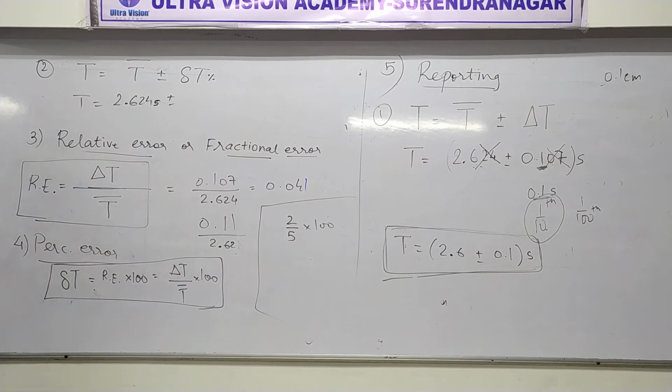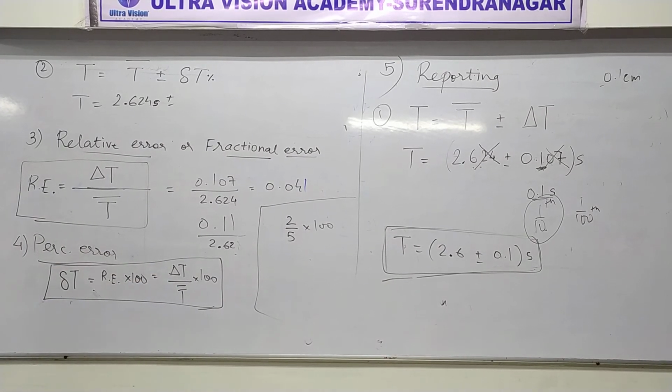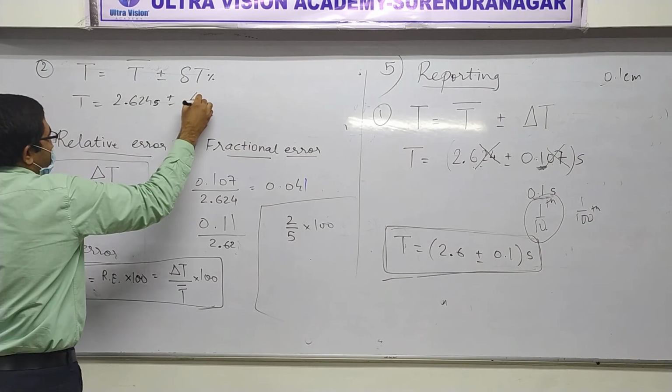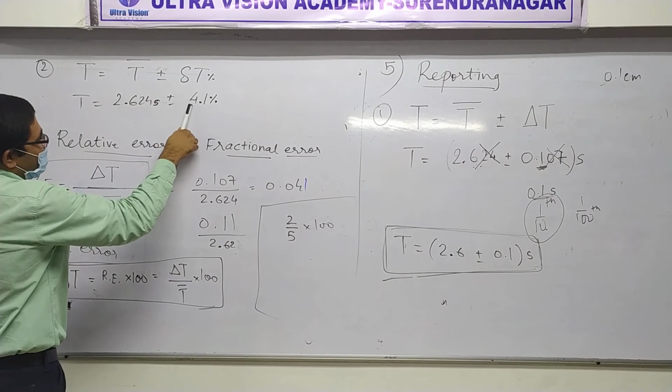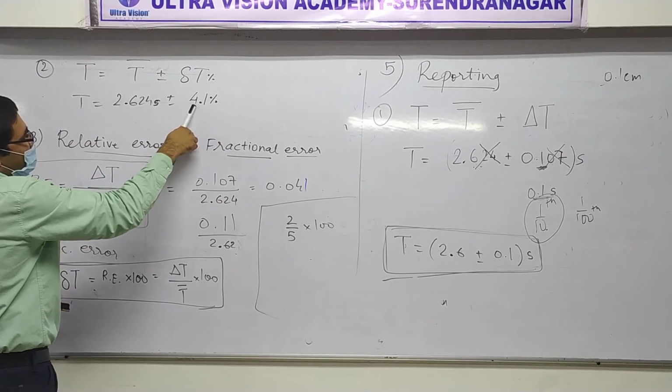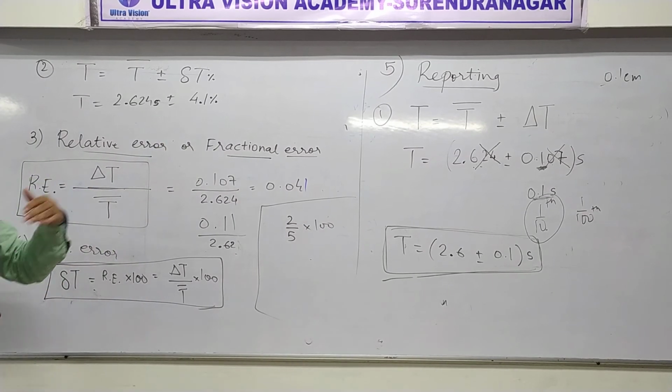Did you find it? 4.1. Okay, that's what you're saying. 4.1%. Okay, now listen to this carefully. We know that in this place itself we have an error of 4%.